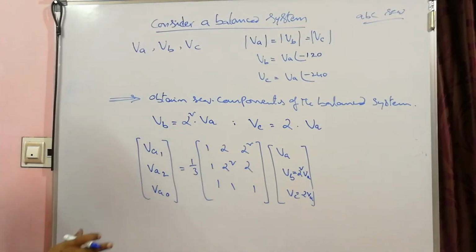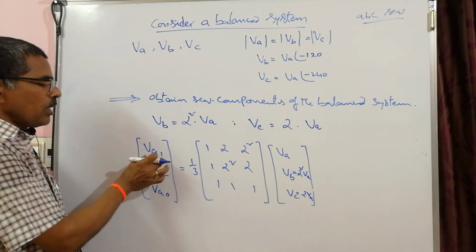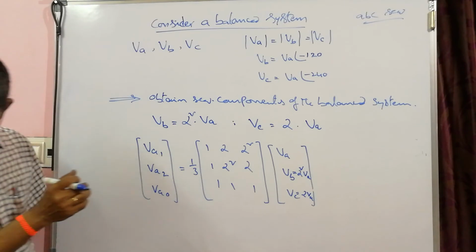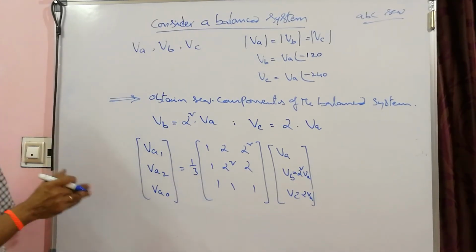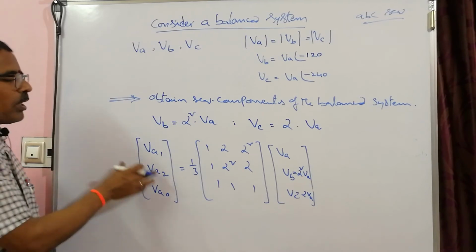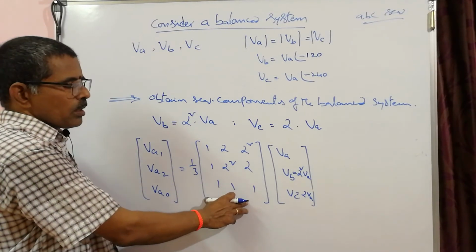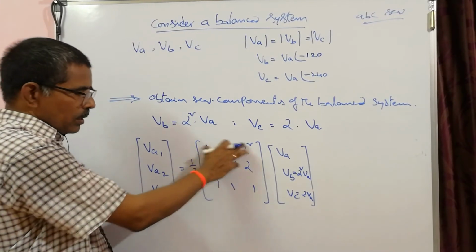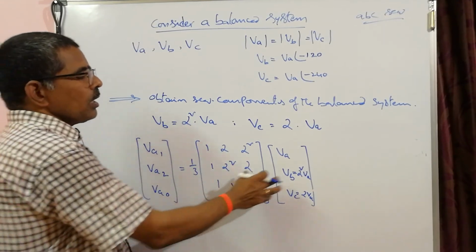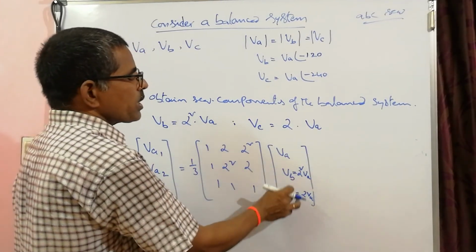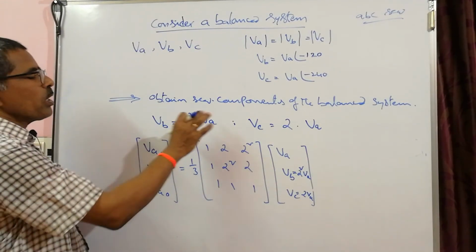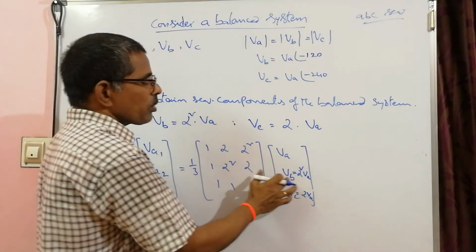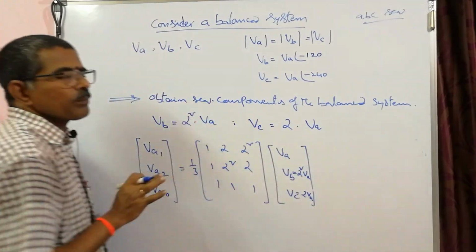What I am doing is just resolving into VA1, VA2, VA0, the positive sequence, negative sequence and zero sequence components. For that I need to take the inverse transformation matrix T inverse, marked here, and multiply by VA, VB, VC, where for a balanced system of voltages VB is alpha square VA and VC is alpha VA.